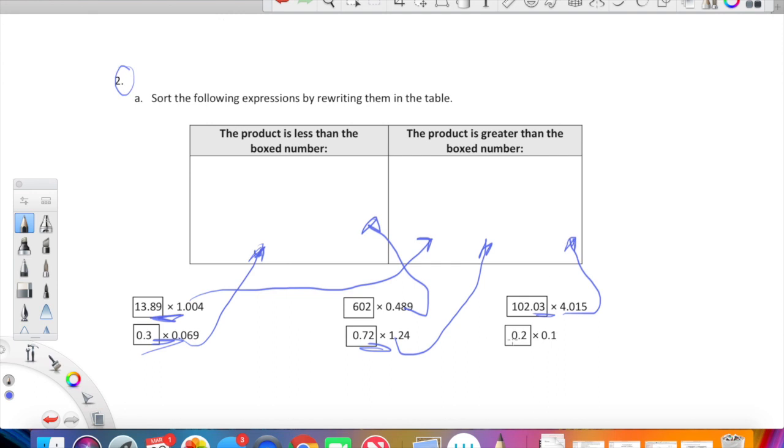And then 102 times 0.2 times 0.1 would go in the less than box. So try this right over there.